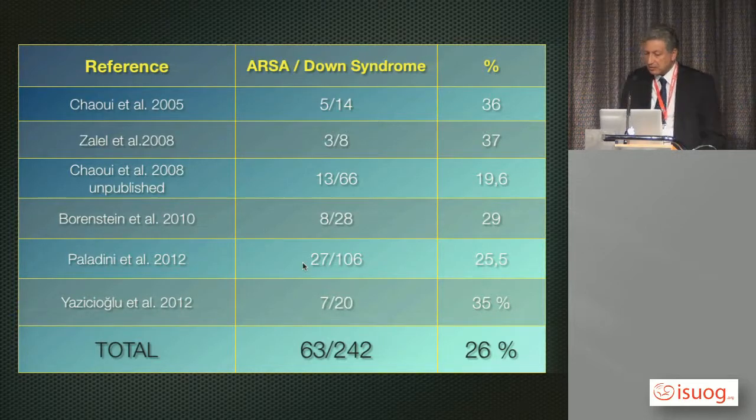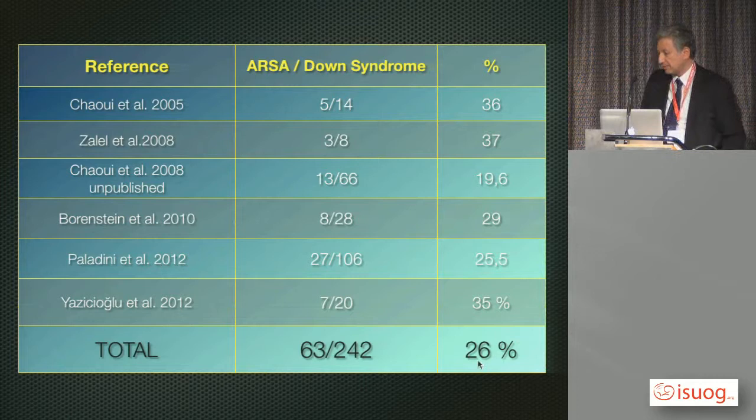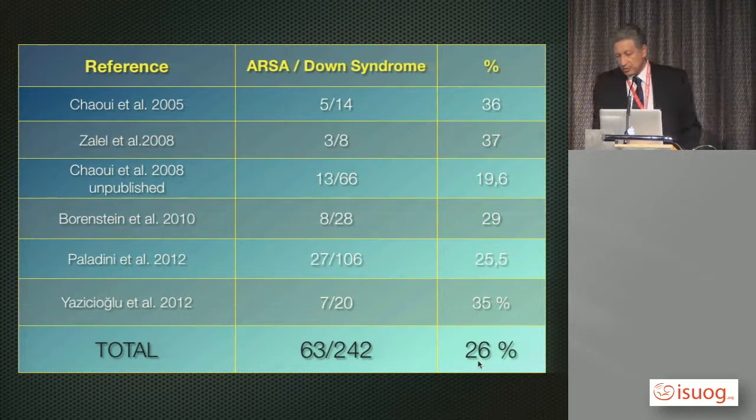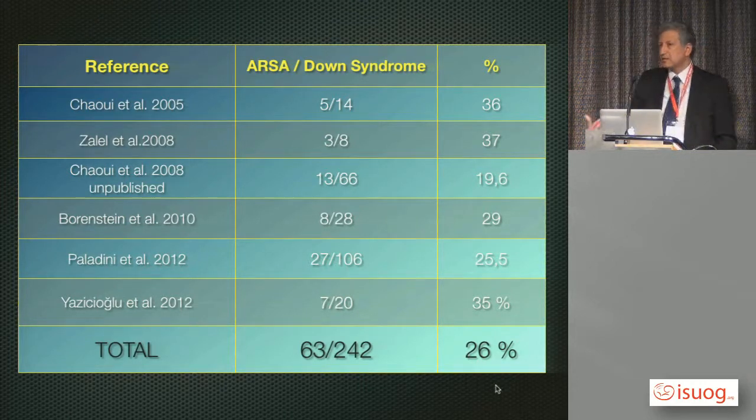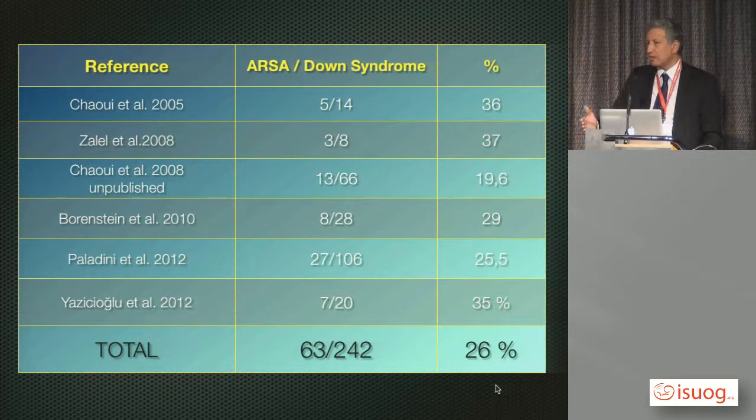Palladini, 27 out of 100 cases, the largest study, 25%, and Yagioglu from Turkey, 35%. Roughly speaking, 26% of the cases. The good news for many is that this is a normal variant. Since it is present in 1.4% of the population, it means roughly 70% have an aberrant subclavian.